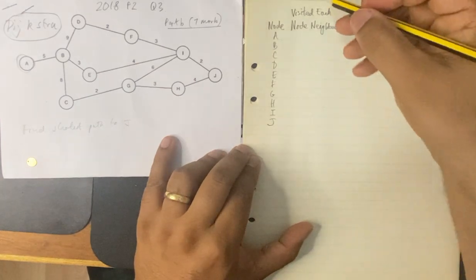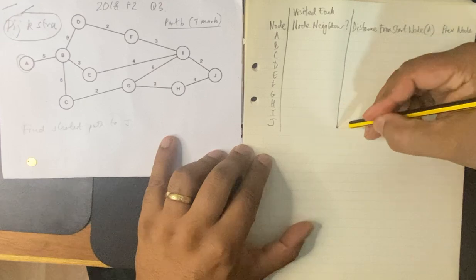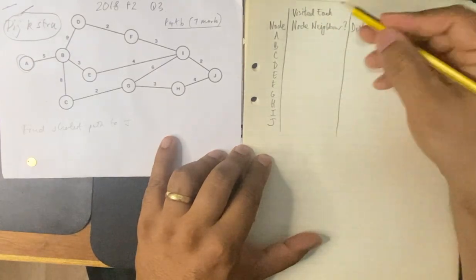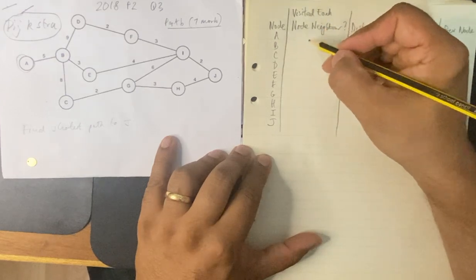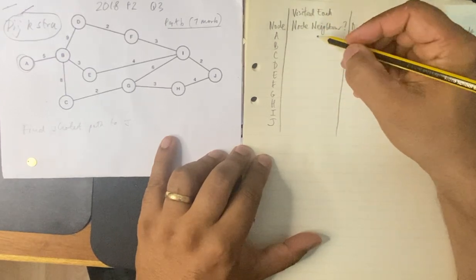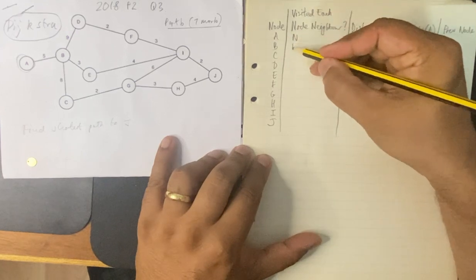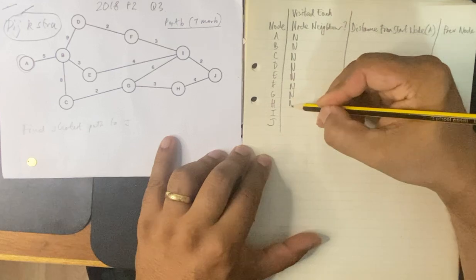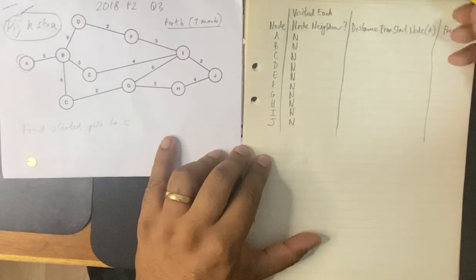Okay, and the next thing we're going to do is fill in the rest of the table that we can. Now, have we visited each node neighbor? For A, no, and we haven't done it for any of them, so we need a no in each of those rows.